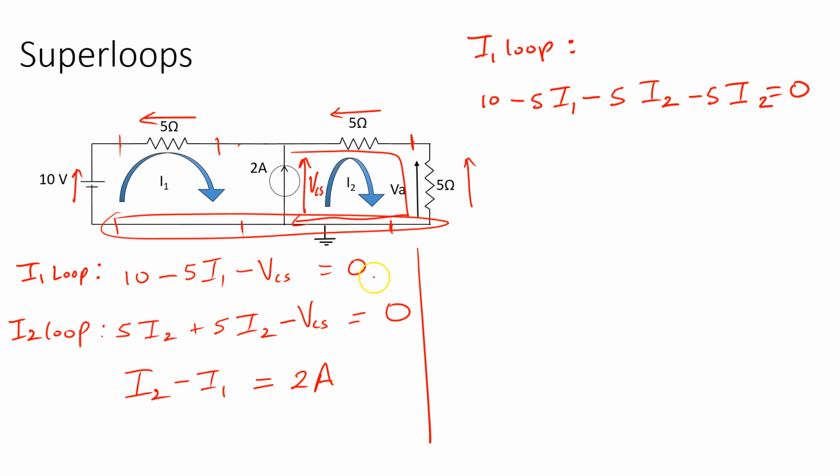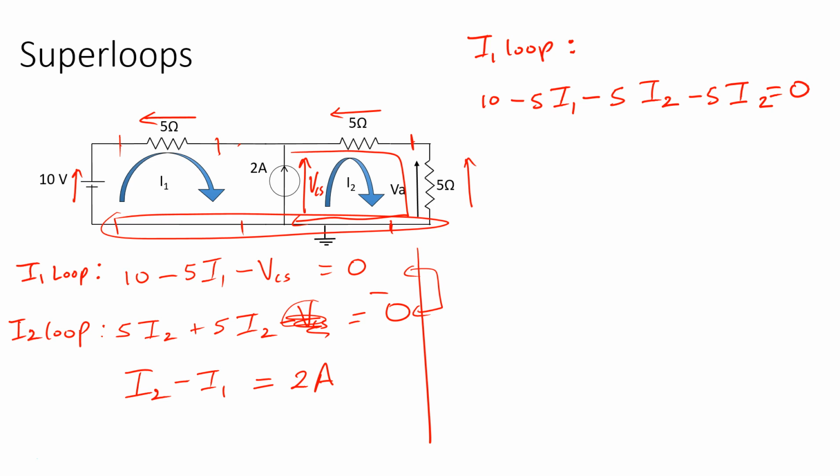Now, if I simply combined my 2 equations here, I would get the same thing. If I say the I1 loop minus the I2 loop, it would get rid of this, and it would give me 10 minus 5i1 minus 5i2 minus 5i2 is equal to 0. So you could do it in either way, you'll get the same result.